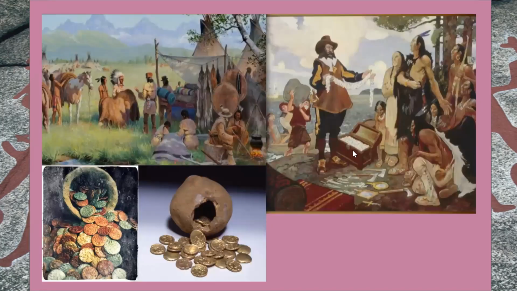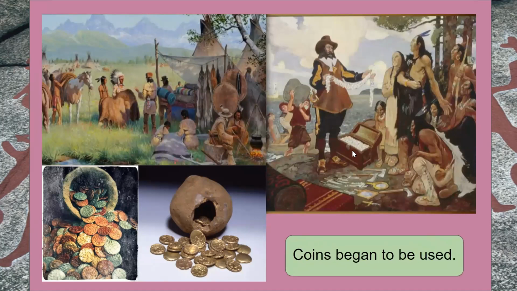With the introduction of iron tools, production of food and other products increased too. Commerce and trading of goods started to develop. Coins began to be used so that buying and selling of crops and iron tools could be easy.